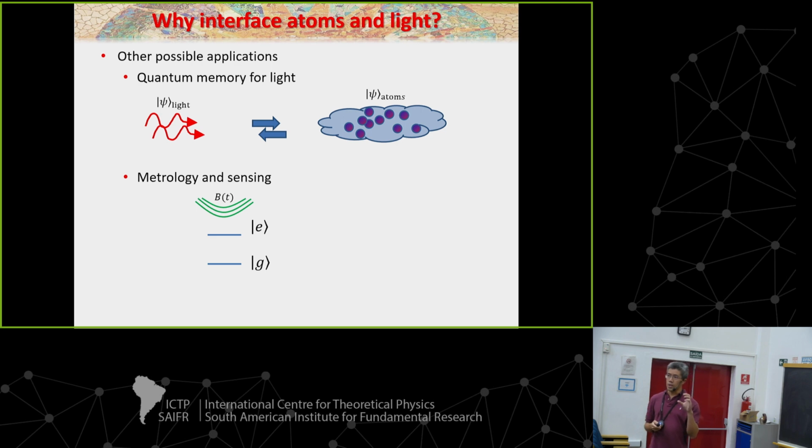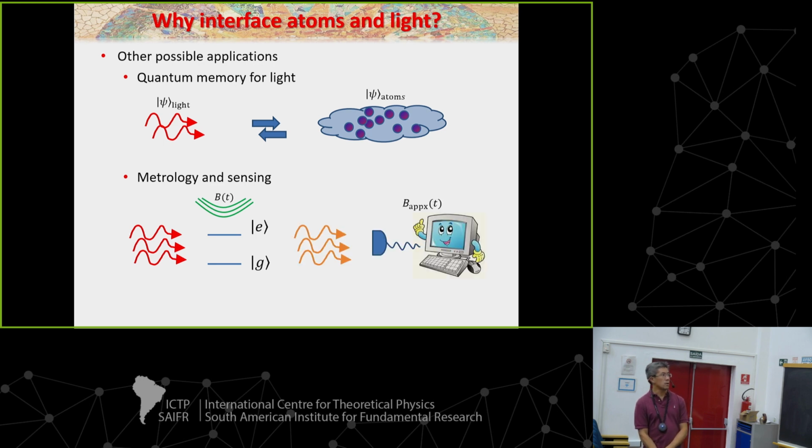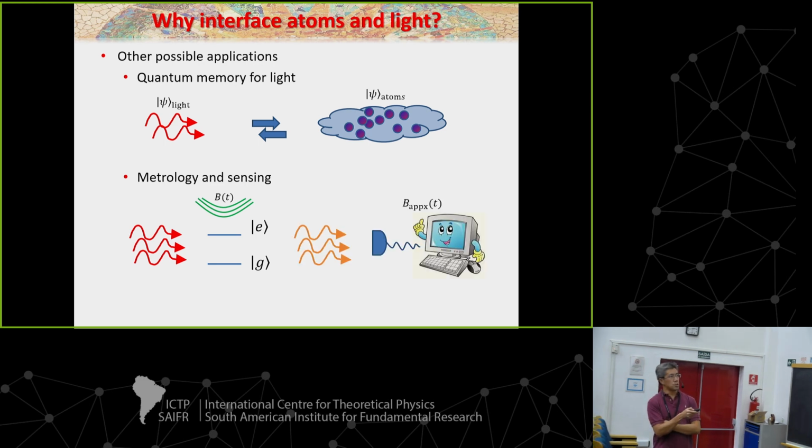So your effective resonance frequency of that optical transition is changing. And then that time-dependent change in the optical resonance frequency, you could try to monitor by the scattering of light. Okay? So if you can see some change imprinted onto the light that you send in, you might try to go back and infer what the magnetic field was. So that's a very basic example of a magnetometer that's based on atoms.